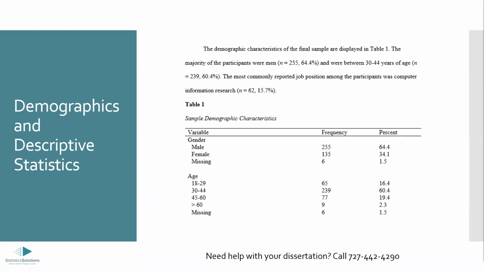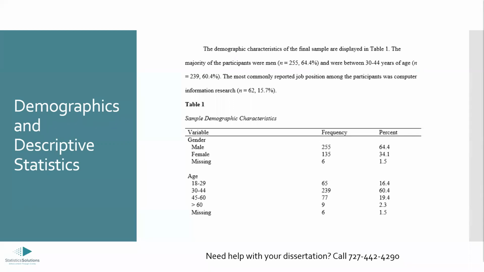So when you reference a table in the text, that table should appear usually immediately following the paragraph in which it is referenced. So for instance, you don't want to say in the text, the demographic characteristics are displayed in table 1, and then table 1 doesn't appear until 5 or 10 pages later.